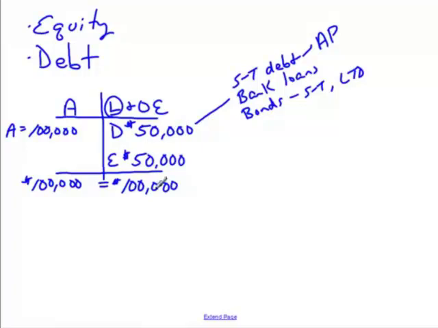So we want to concentrate on this bonds part here. A bond is a form of debt. It's an IOU. Generally, it's a debt instrument that obligates the issuer to pay back the amount borrowed, that's the principal, plus interest.